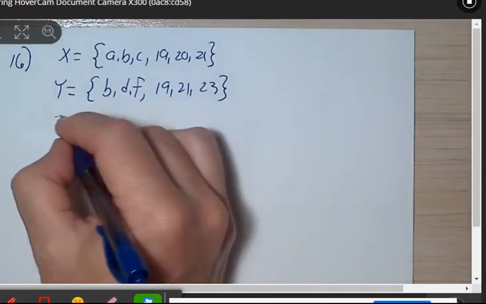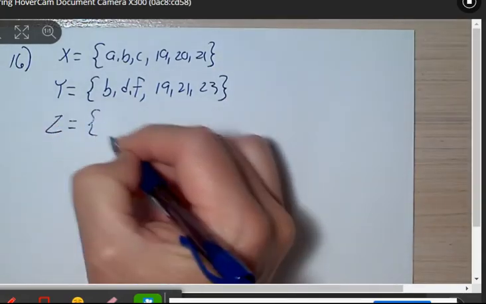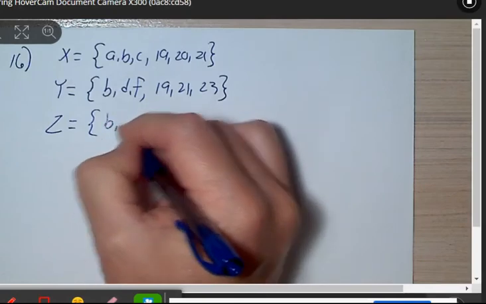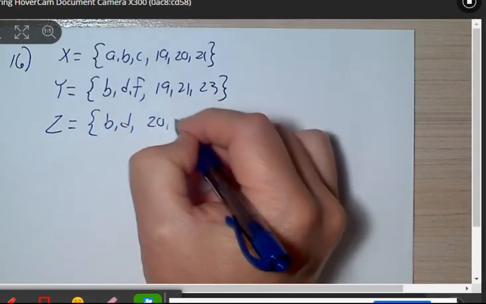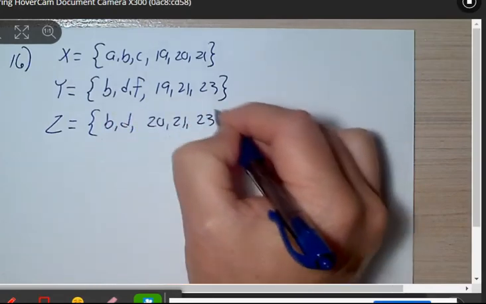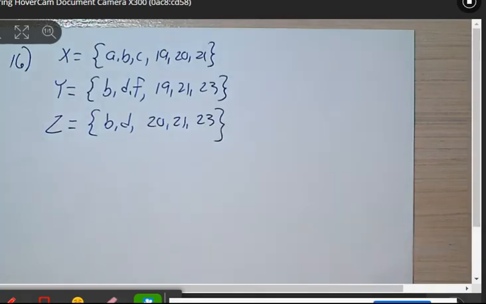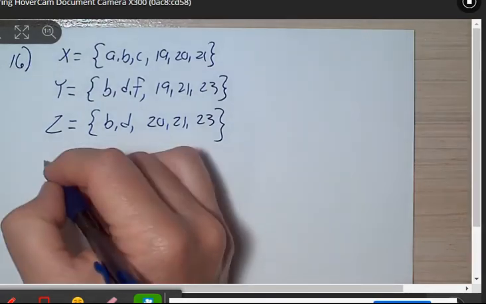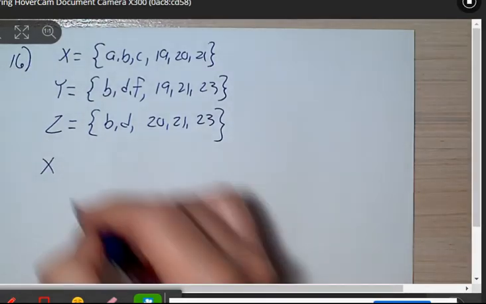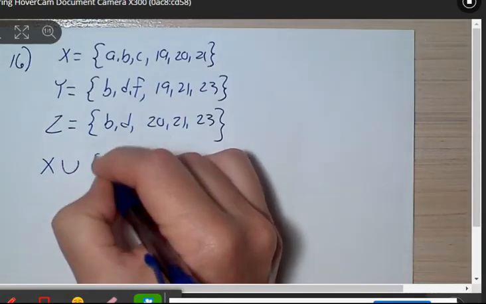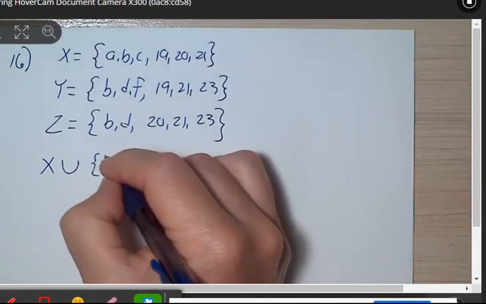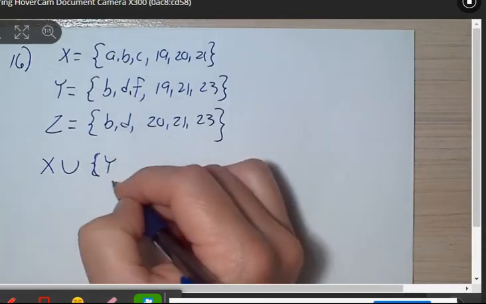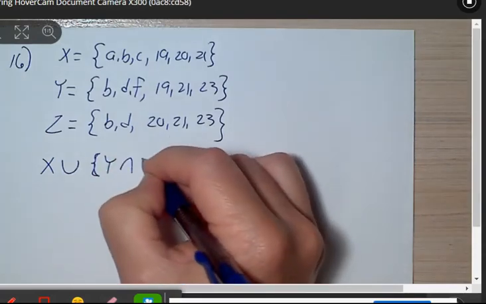And then Z is B, D, 20, 21, and 23. Okay, and it says list the members of the given set using set braces, and they only ask for one thing here. It's X union with the intersection of Y and Z.